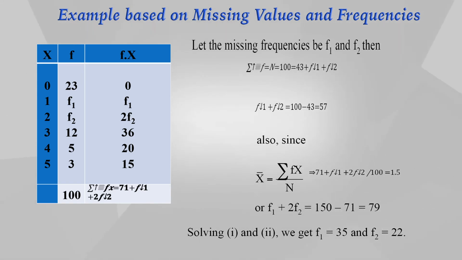After getting f2, if we put it in equation number 1, we get the first frequency f1 value, that is 35. In this manner we can obtain the missing frequencies if the total number of frequencies is given in the data and the arithmetic mean value is also given.